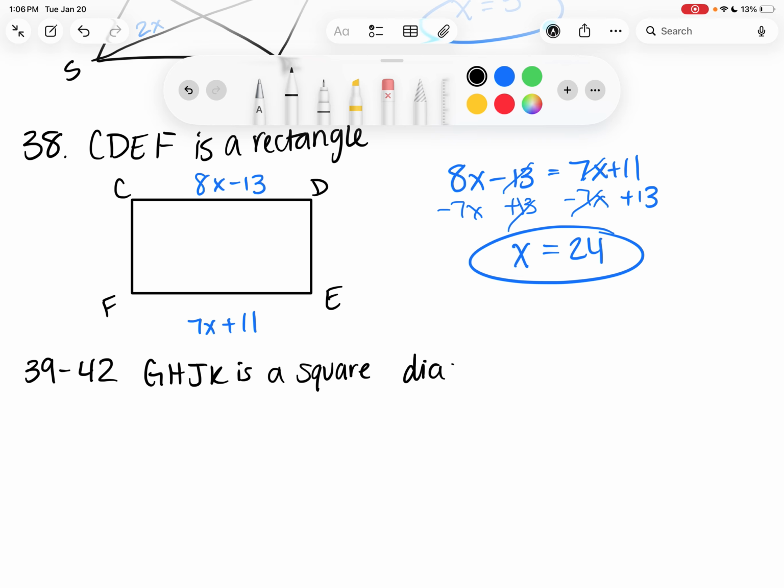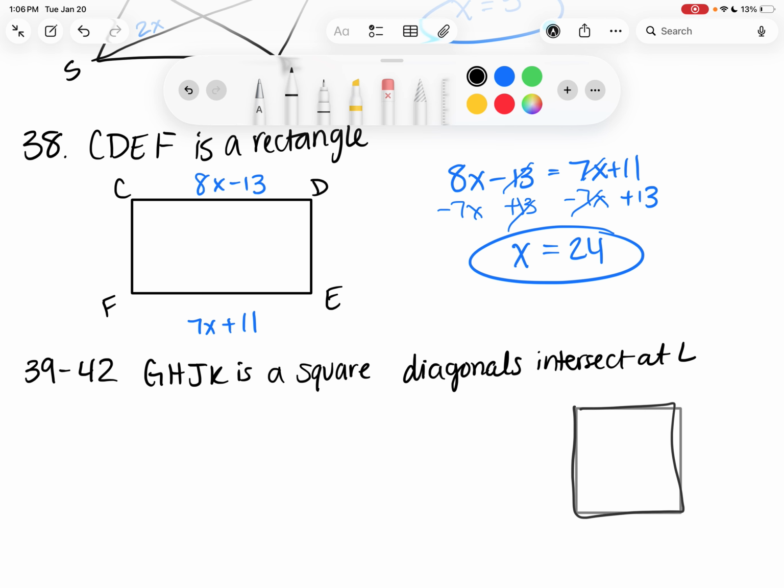And the diagonals intersect at L. And then they give us a picture and a few of the values here.